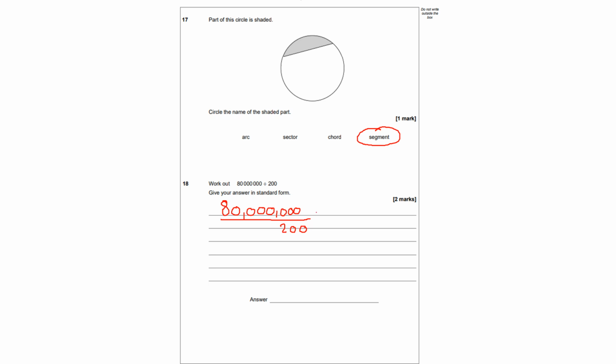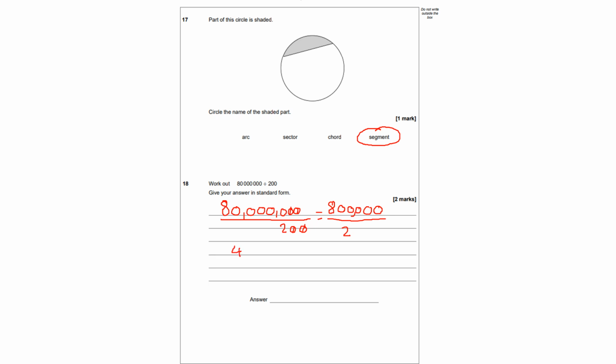So two lots of these noughts can cancel. So then we'll have 8. And instead of having the 7 noughts, we're just going to have 5. So that's 80,000 divided by 2. 800,000.